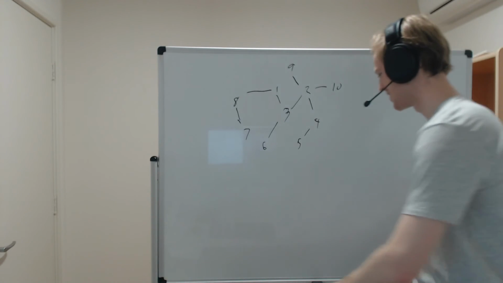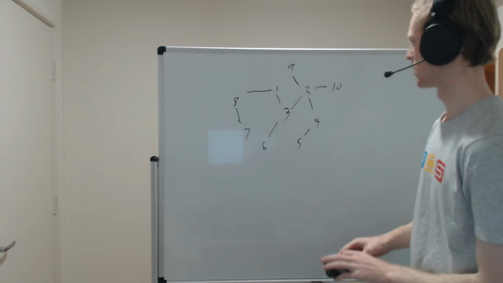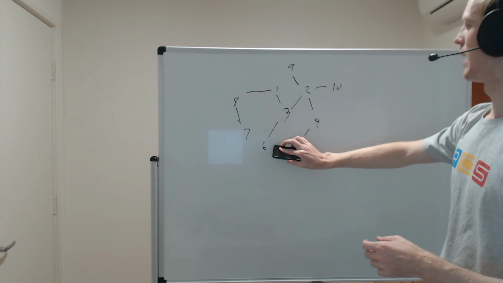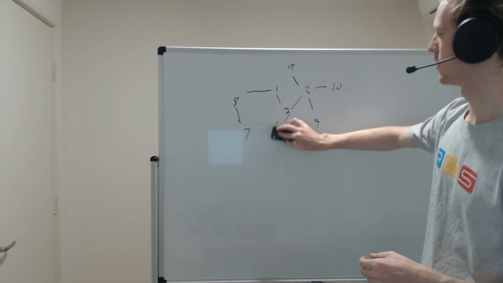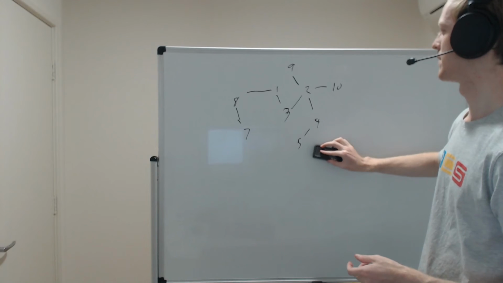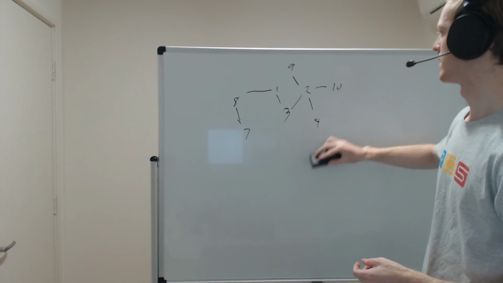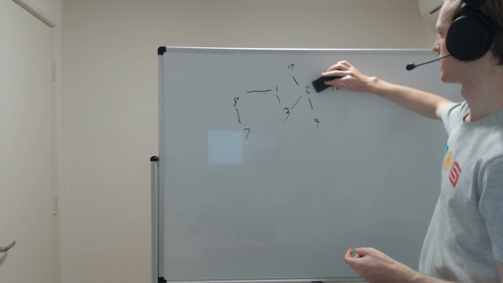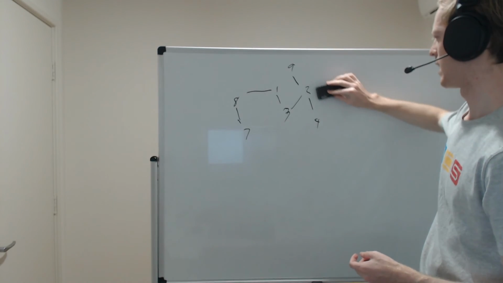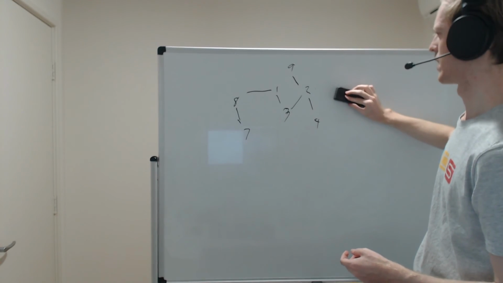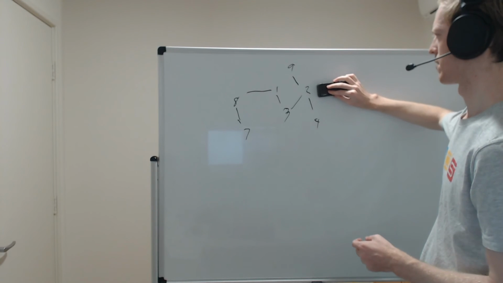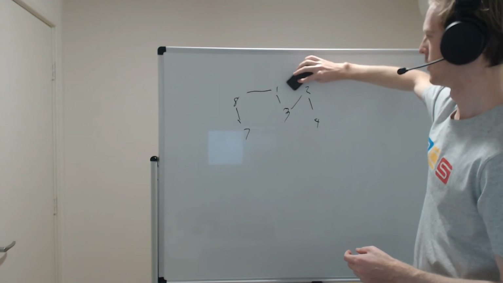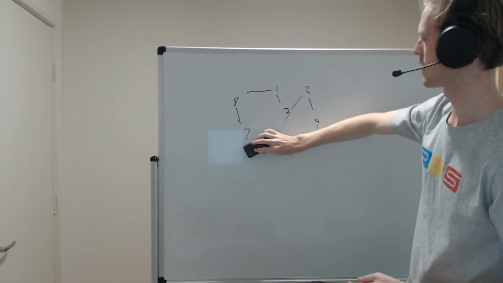So in this case, let's look at what leaf nodes exist. 6 is a leaf node, so we'll erase that. 5 is a leaf node, we'll erase that. 10 is a leaf node, we'll erase that. 4 was actually connected to, I believe it was 5, so we'll leave that for now. 9 is a leaf node, and 7 is a leaf node.